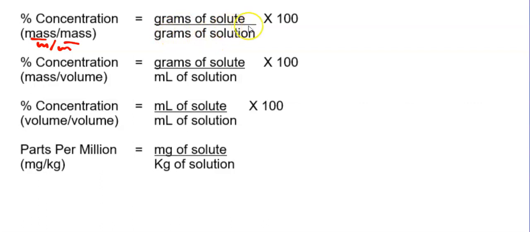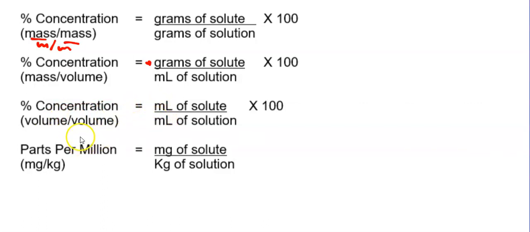This one, typically, you need to make sure that you add the solute and the solvent. Then mass over volume would be grams on top, milliliters on bottom. And volume over volume is milliliters over milliliters. And then parts per million we'll do in a separate video.